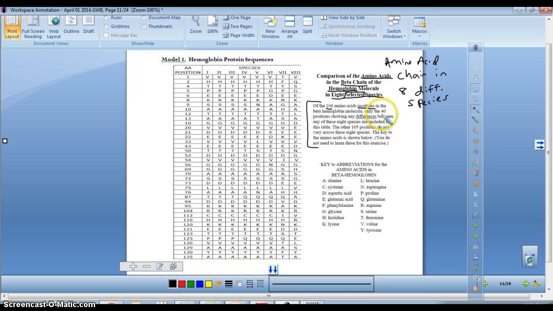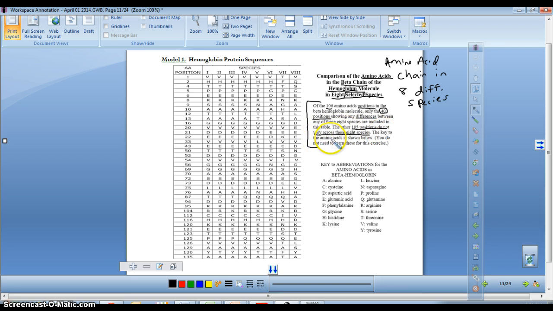Out of the 106, there are only 40 positions showing any differences between any of these 8 species. So you have 8 different organisms, and there's only 40 differences out of 106. The other 105 positions do not vary across these 8 species. If they do not vary, that means they're the same.